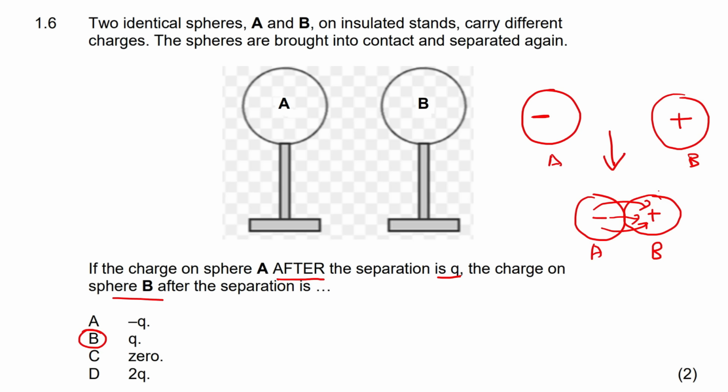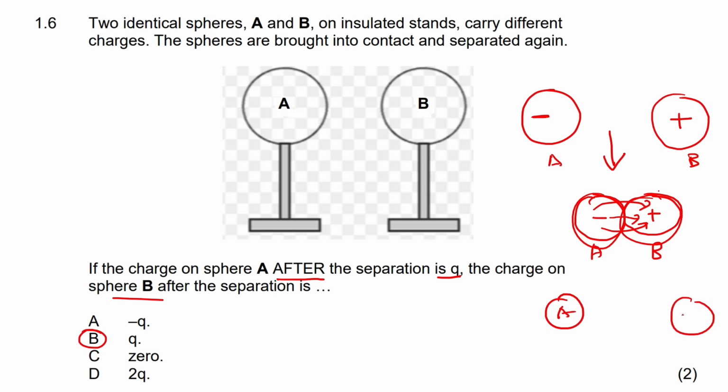And they'll keep doing that until we reach a situation where the amount of charge on both of these, A and B, becomes equal. At that moment, what would happen to A and B if they have the same charge all of a sudden? Well, what do we know about like charges? Like charges repel. And so they're going to push each other away.